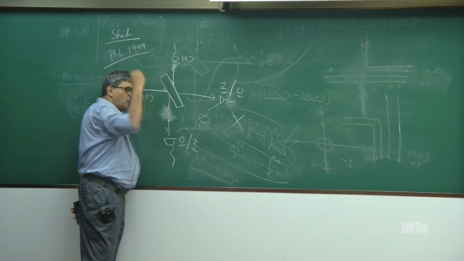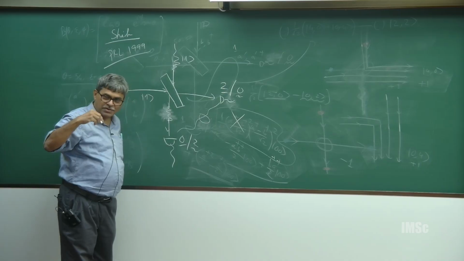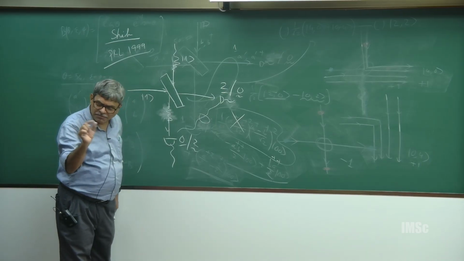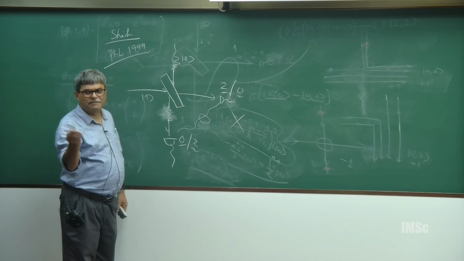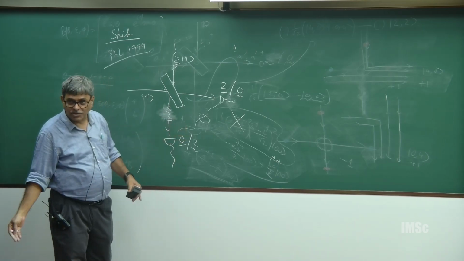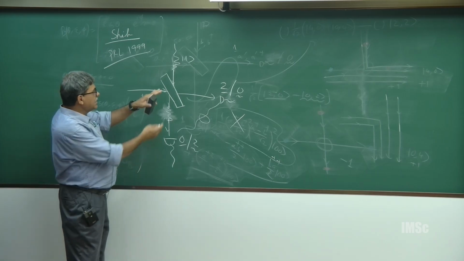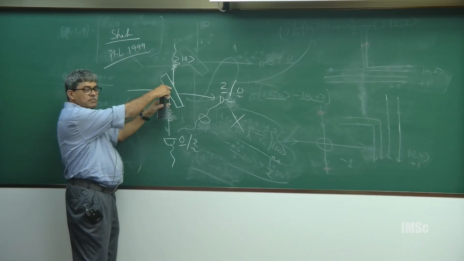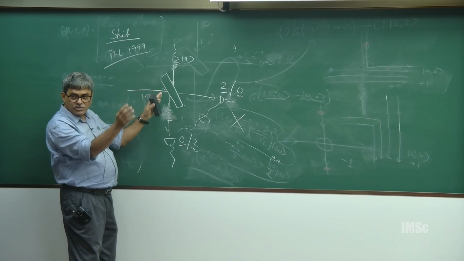Yeah, so the thing is that it is not necessary that they should come here at exactly the same time. I mean, there can be a little bit of delay. In the experiment, of course, that delay is there. The question is how much delay you can allow. So the interference of these two photon paths should be allowed.